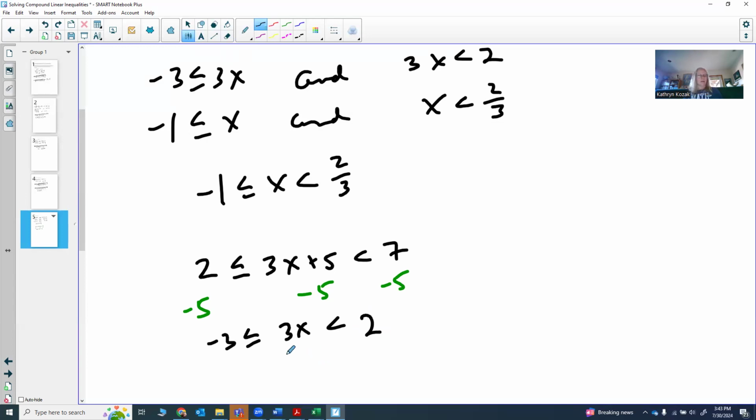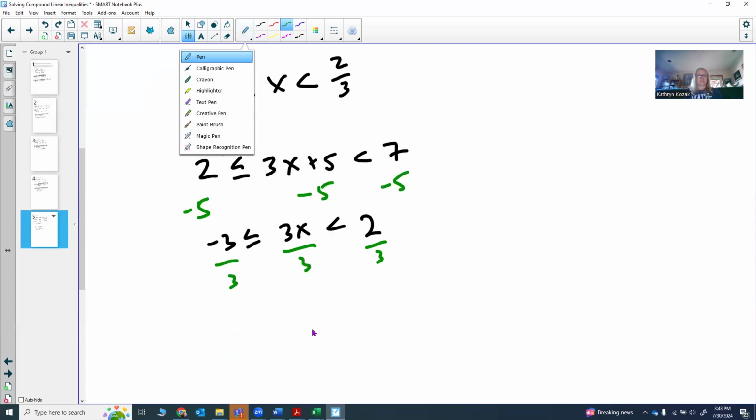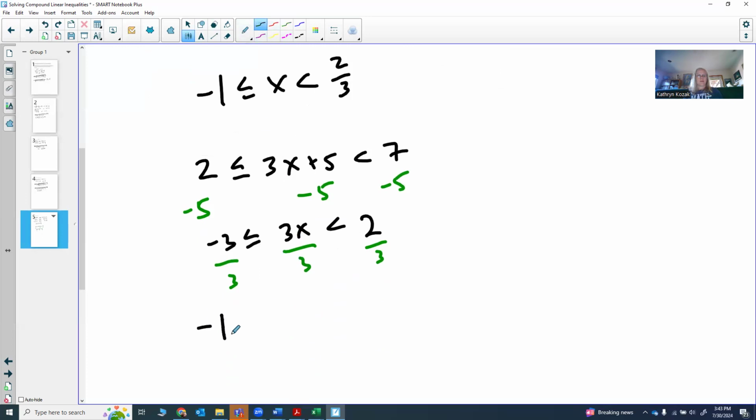And then divide everything through by 3. So you get negative 1 is less than or equal to x, which is less than 2/3.